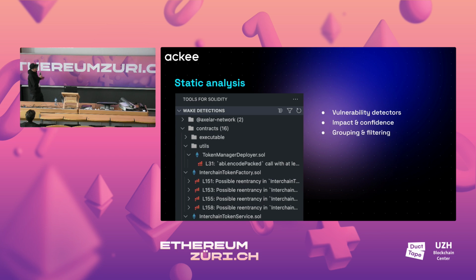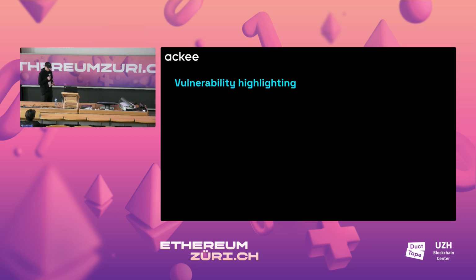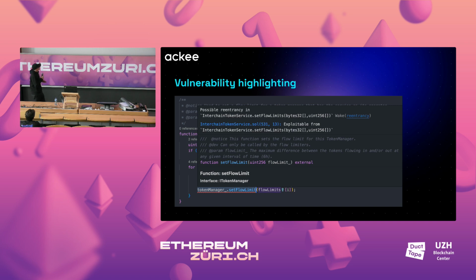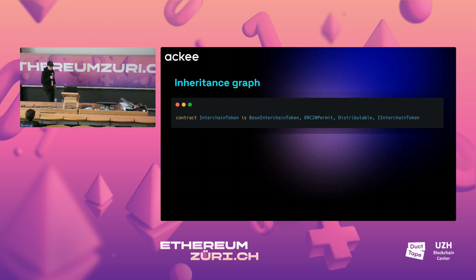And also in the UI you can group them and filter them by many criteria. So yeah, this can be really useful for early stage security. You can see the vulnerabilities highlighted directly in the code.